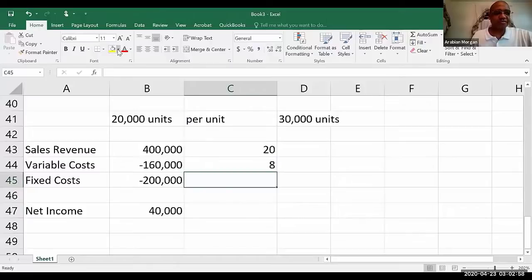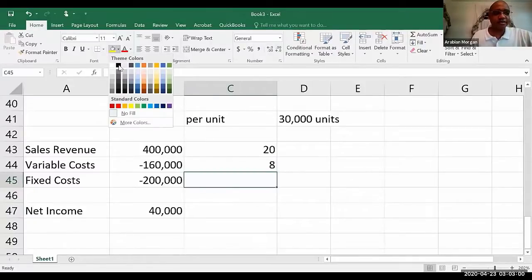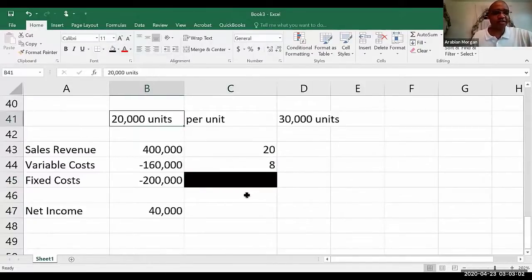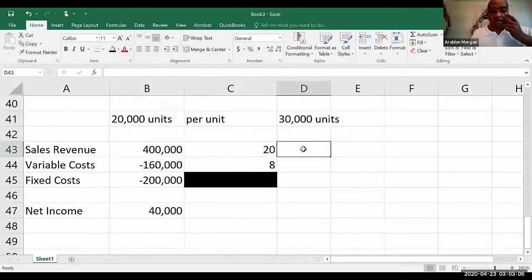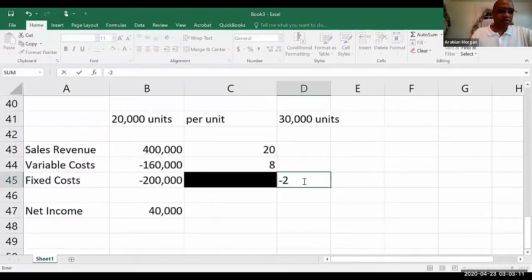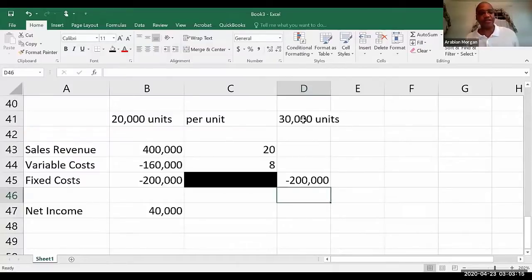Now I don't need to find the per unit amount for the fixed costs. I don't need that because I know that the fixed costs are still going to be $200,000 in my 30,000 units column, okay?